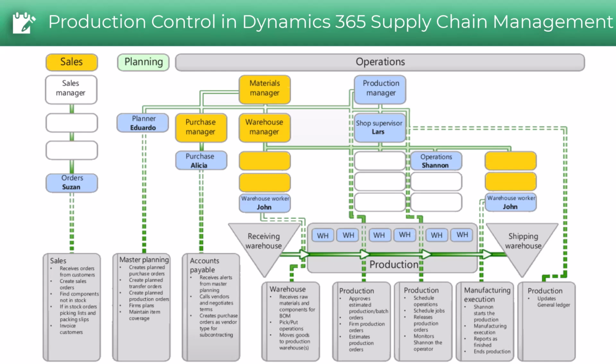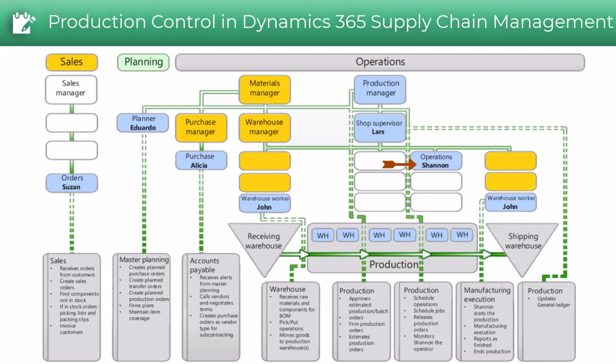After that, the operations team takes over the process. In production manager you can see the names Lars and Shannon. There are two people over here. One is a shop supervisor, one is the operations lead, we can say.